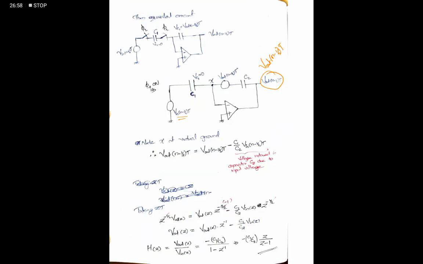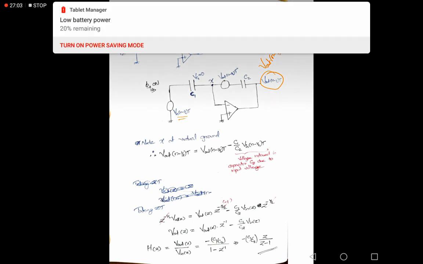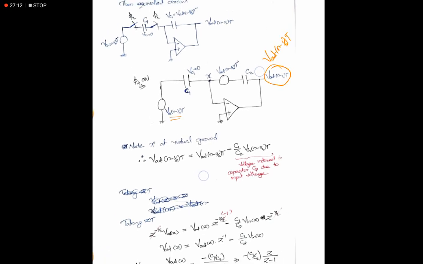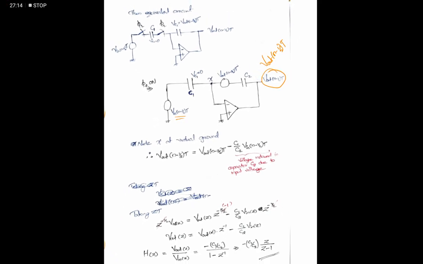I just want to clarify why the polarity is V0 here. The discharging path is like this itself.